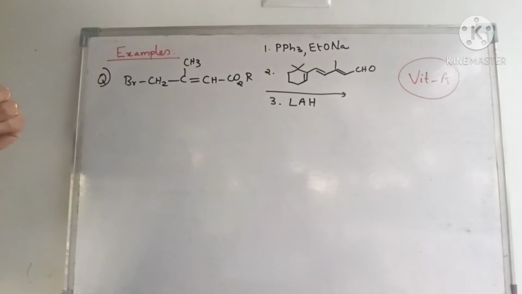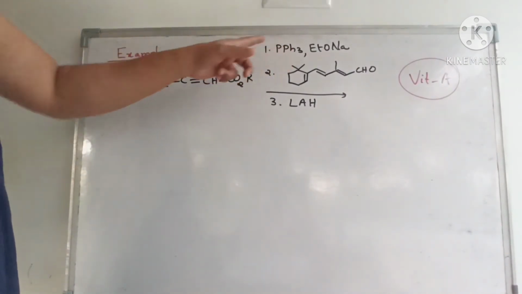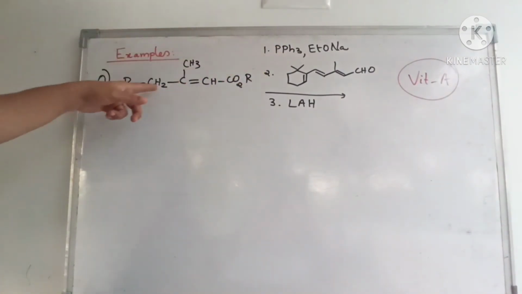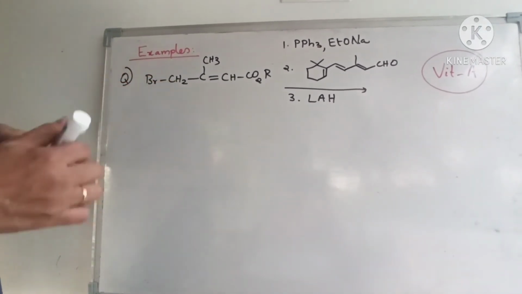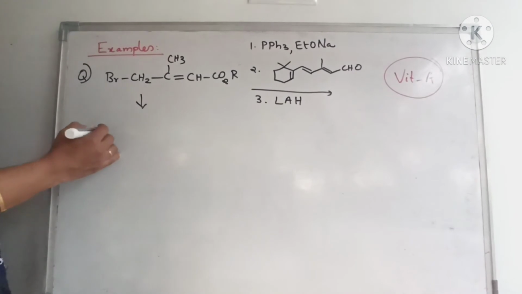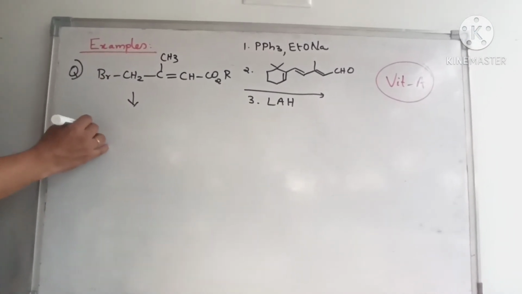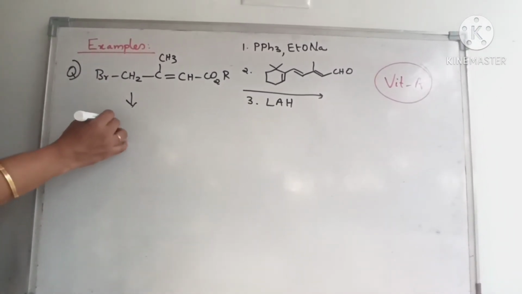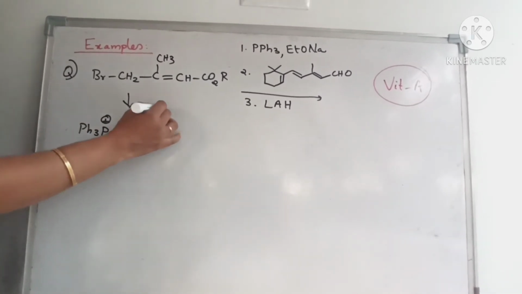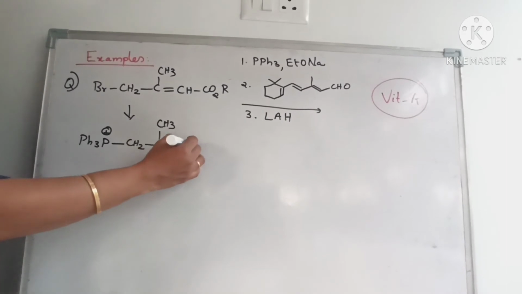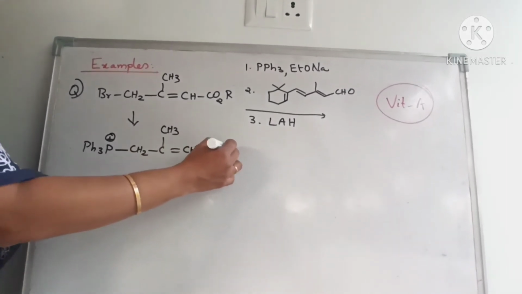So first we will generate the phosphorus ylide. Here PPh3 will be displacing this bromide over here. Okay, so let me write that one first. After replacement of bromide, you would be getting CH2, CH3, double bond CH, CO2R in this manner.